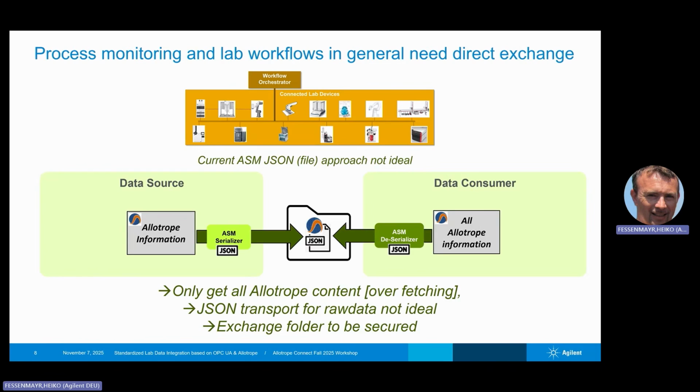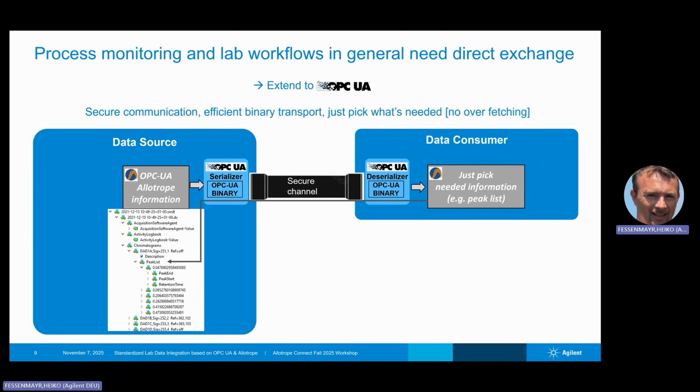So for this, putting together the Allotrope approach with OPC UA is an ideal combination, since in the area of OPC UA, you can just pick what you need through the secure channel, and then you don't have to take care about serialization, since OPC UA does that for you, and the serialization is in a binary format, so this is very efficient, and for sure this is a secure communication.